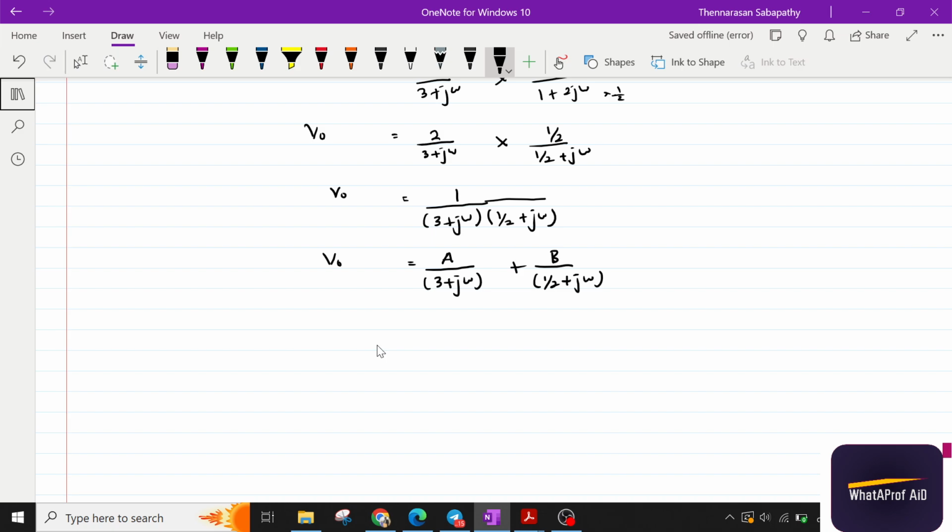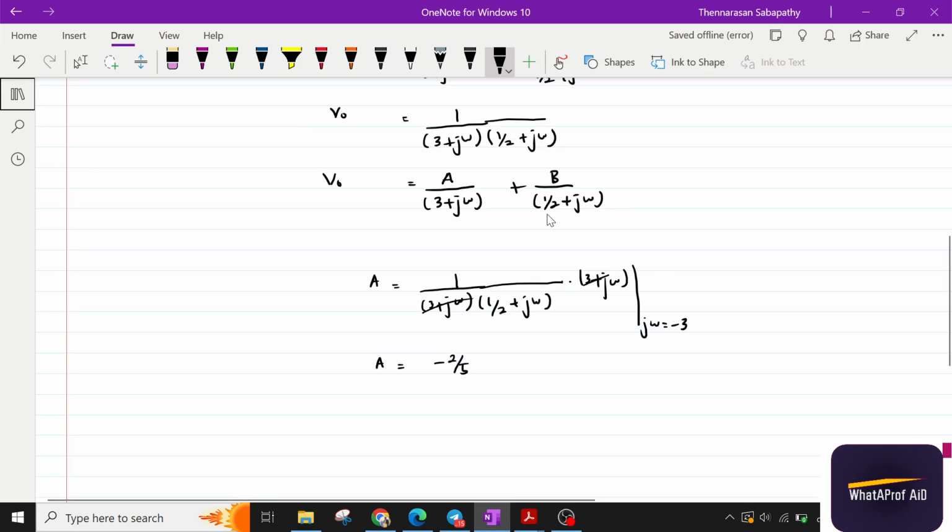This is the a. So this can be cancelled, and if you substitute -3 here, you'll have a equals to -2 over 5.